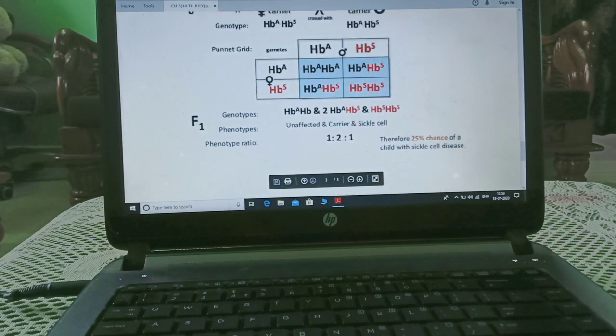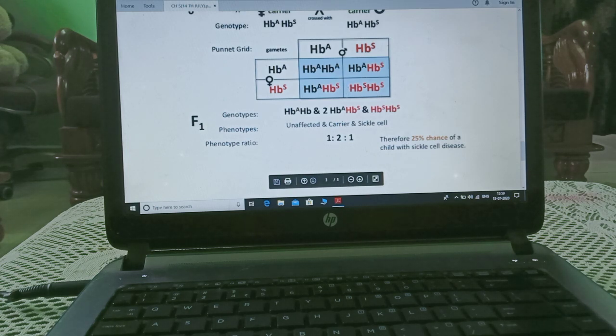Now here we can see this is 1, these both are 2 and this is 1. So the phenotypic ratio as well as the genotypic ratio is 1:2:1. So here there is a 25% chance of sickle cell anemia disease in the offspring.